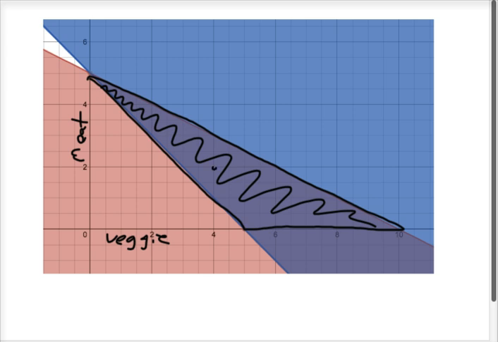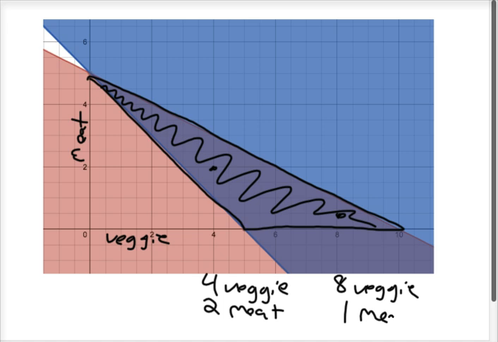Well, here, there's a solution. I could get 4 veggie and 2 meat toppings. What if I did this? I could afford 8 veggie with 1 meat. So if you're looking for possible solutions, which was the point of graphing this, all you have to do is identify points within that double shaded region.